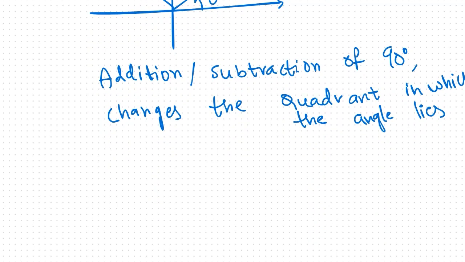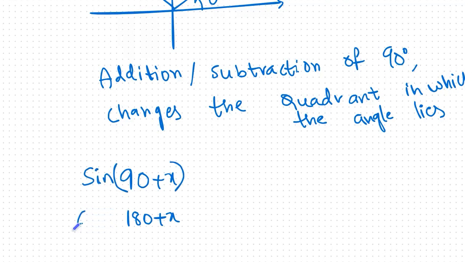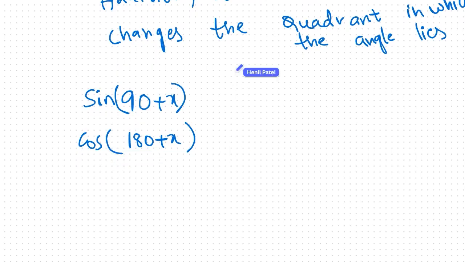So there is a pattern to remember things. Usually they say in the question 90 plus x, 180 plus x, how much will be the ratio? Questions like this. Sine of 90 plus x will be how much? Cos of something. So how to do it: let's say you have the calculator, right?